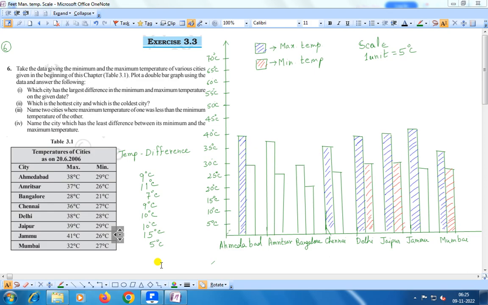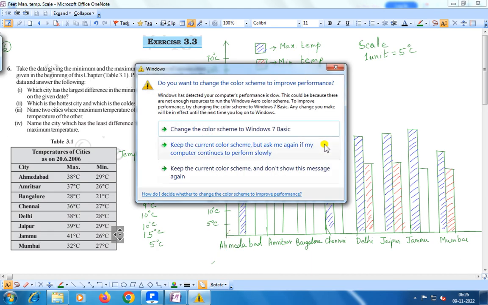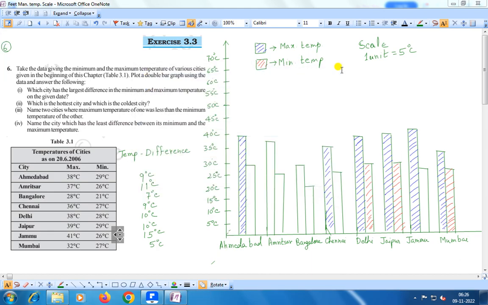This is the double bar graph we have shown here. Here one scale is equal to 5 degrees centigrade, that is 5, 10, 15, 20, 25, 30, 35, 40, 45, 50, 55, 60, 65 and 70 degrees. And on the x-axis we have shown the different names of the cities: Ahmedabad, Amritsar, Bangalore, Chennai, Delhi, Jaipur, Jammu and Mumbai.